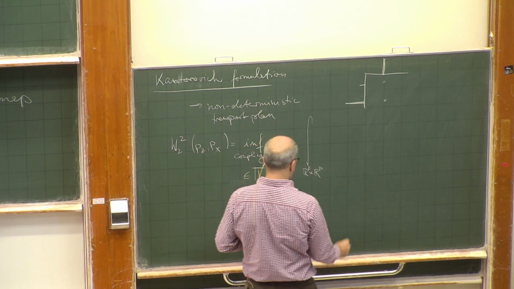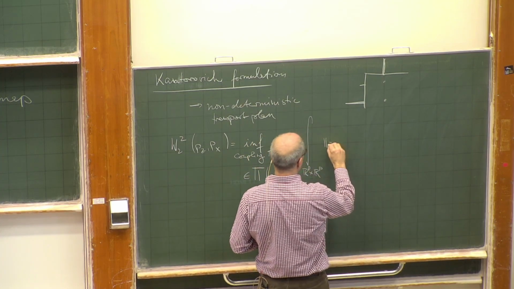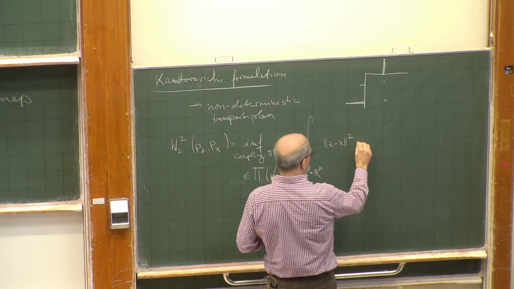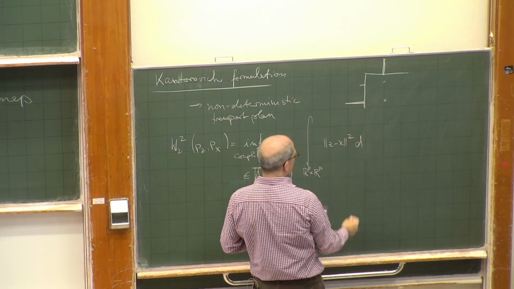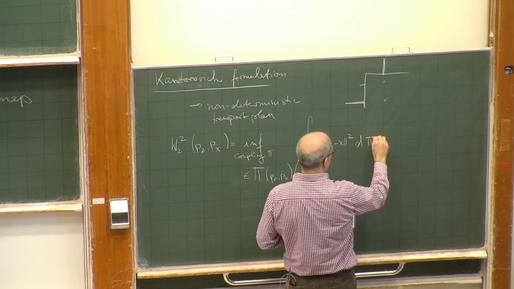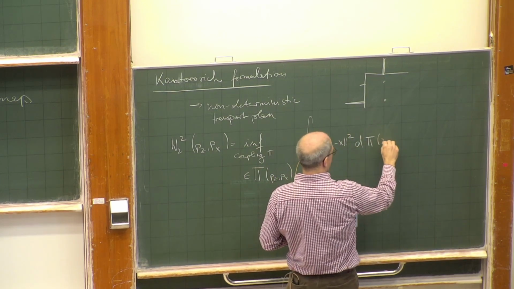And the integral now goes over the product space and, well, evaluates this squared Euclidean distance under this measure here.